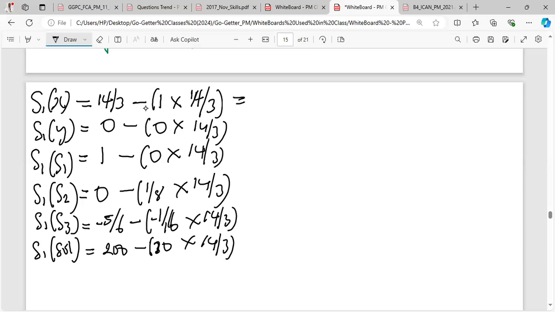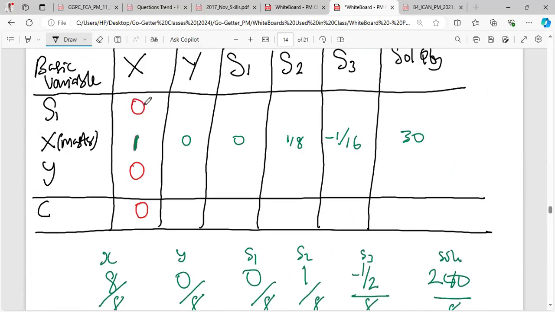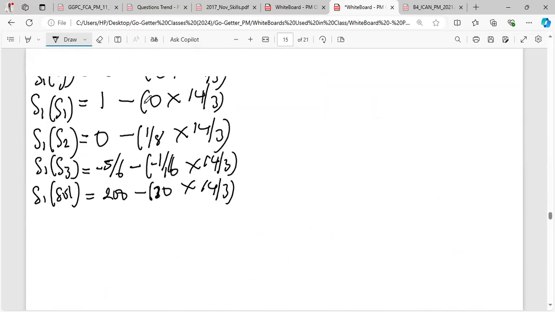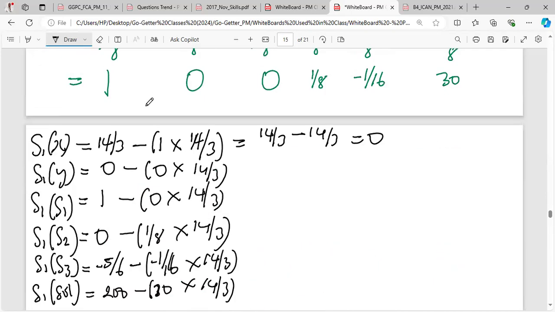All right, so what will this be? This is going to give me 14 over 3 minus 14 over 3. And that gives me 0. There's already a 0 written down here. Then this is going to give me 0 minus 0 times this gives me 0.